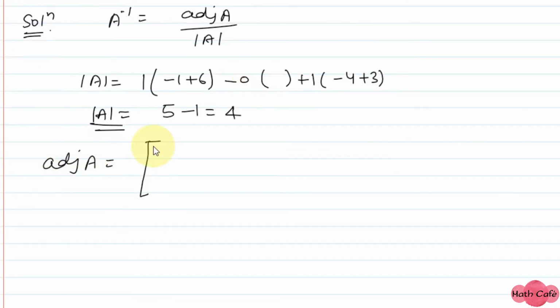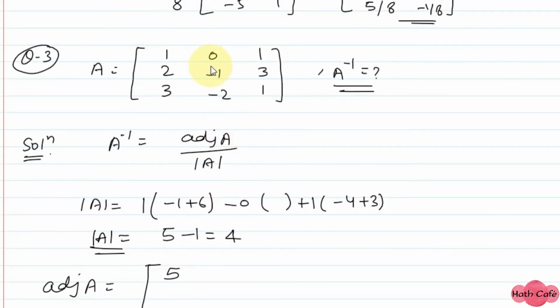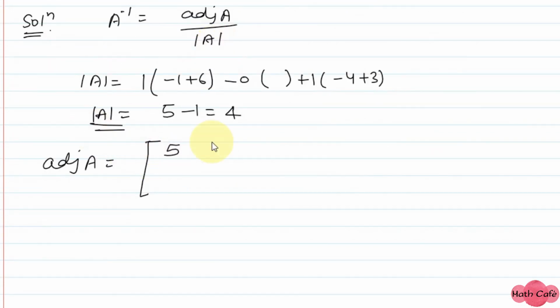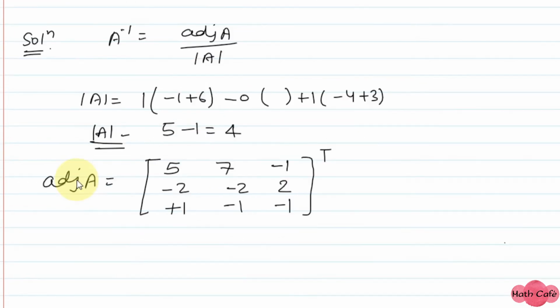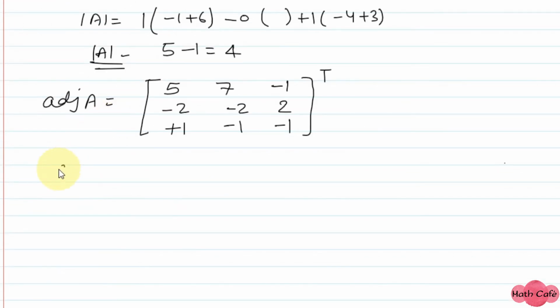Corresponding to the second element, minus of cofactor will be 2 multiplied by 1, 2 minus 9 is -7, and already we take minus, so +7. Finally we get the adjoint of this. Now we will take the transpose of this matrix. This will become 5, 7, -1, -2, -2, 2, 1, -1, -1.